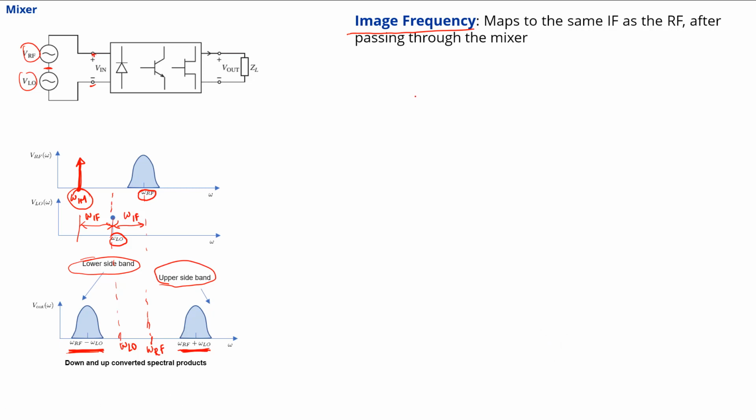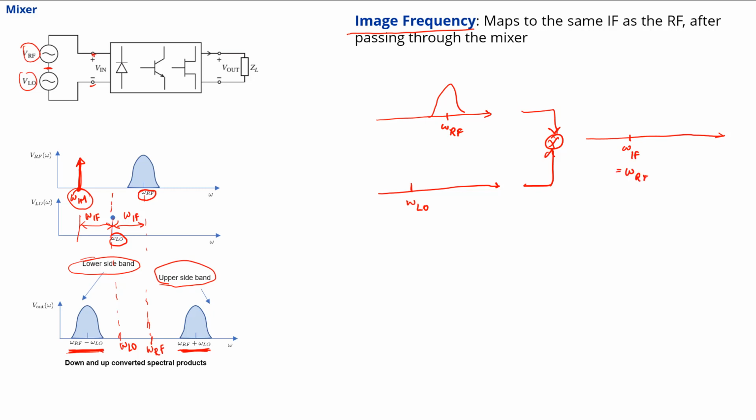In other words, let's draw this out here. If you had a certain omega RF at a particular frequency, and then we have a local oscillator, let's say omega LO, and when these two are mixed together, one of the frequencies that we get is the intermediate frequency omega IF, which is omega RF minus omega LO.